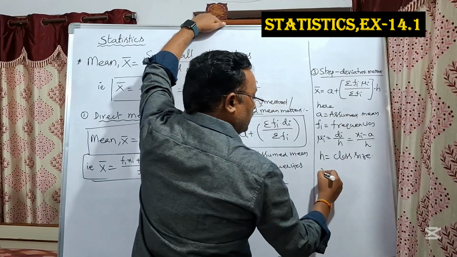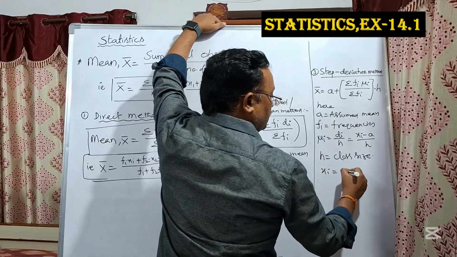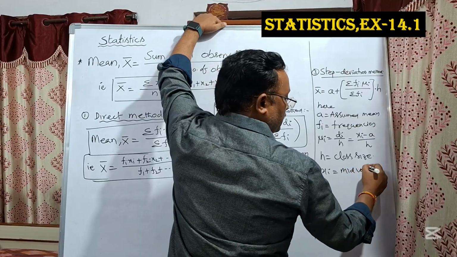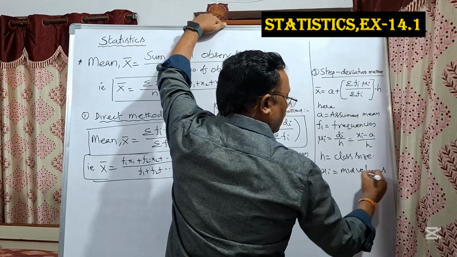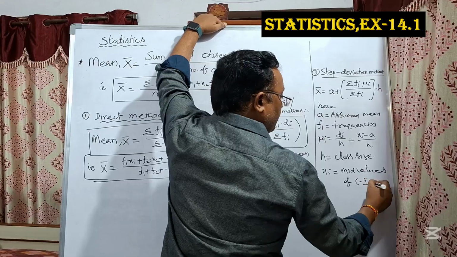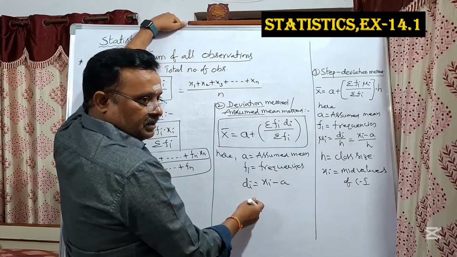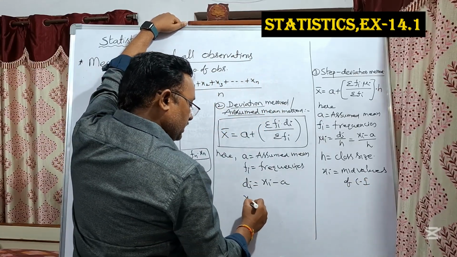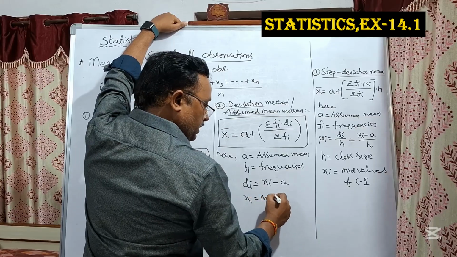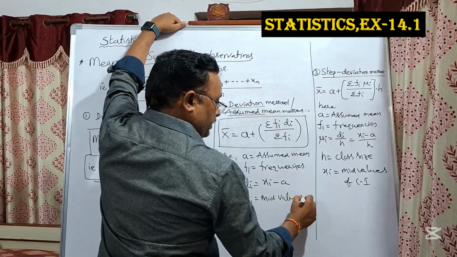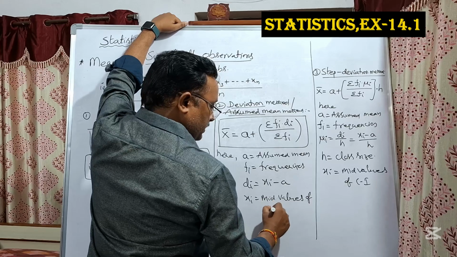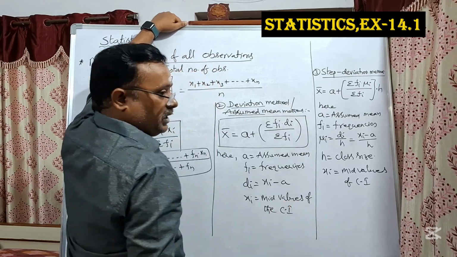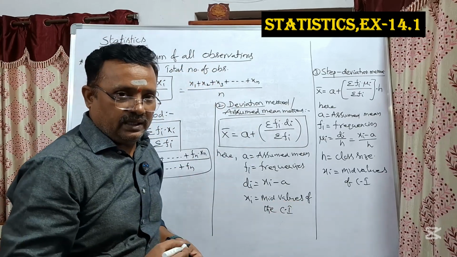And xi is equal to the mid values of the class intervals. So you can explain the terms.